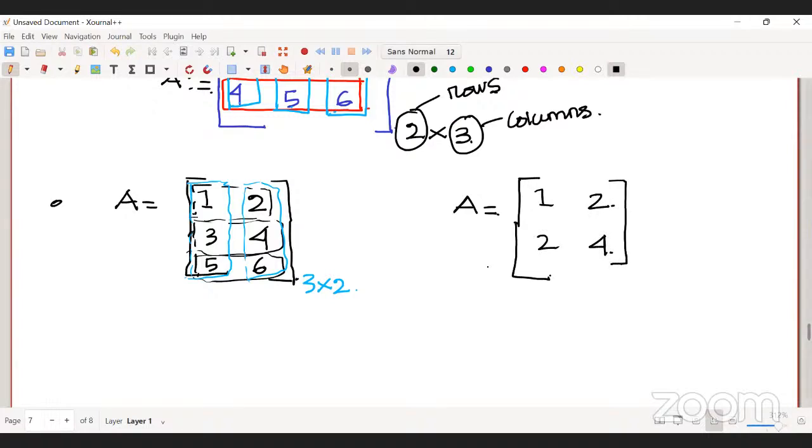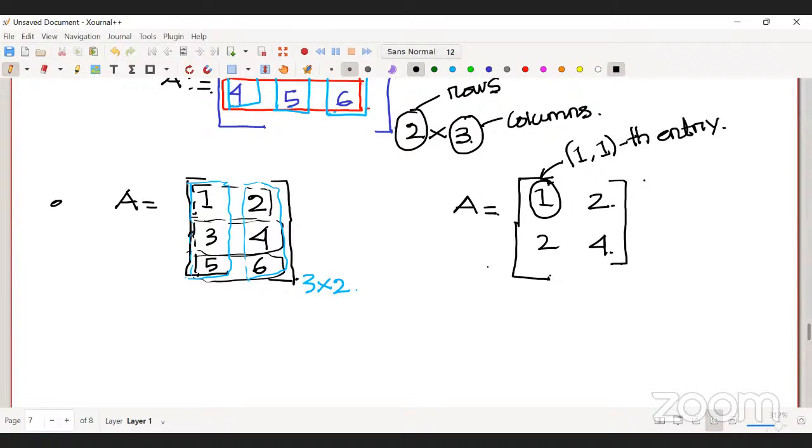As you can see, this number 1 is in the first row and in the first column. That's why this is the 1,1th entry of the matrix.